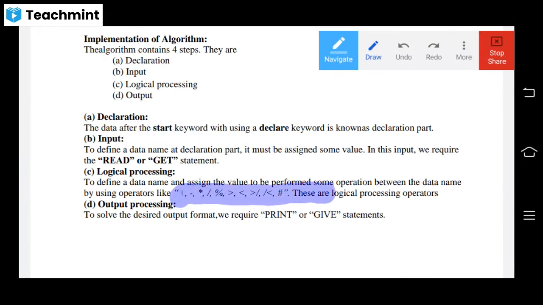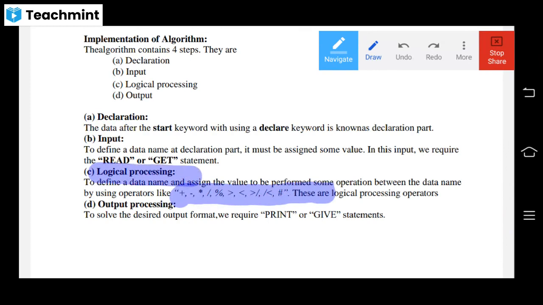What are the arithmetic operations? Sum, addition, multiplication, division. We call these the arithmetic operations. These operators are related to the logical processing.